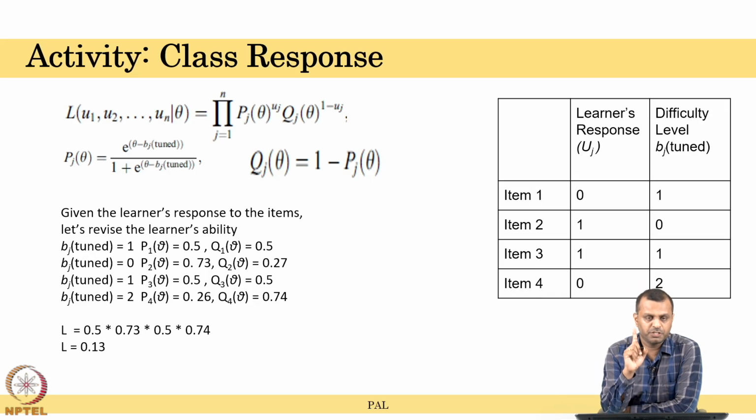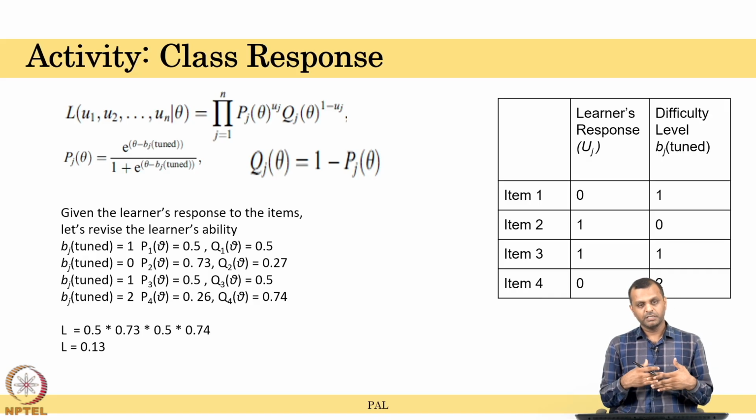In item response theory, we compute the difficulty of questions based on the learners' responses. Second, we try to compute the learner's ability based on their response to the items and the items' difficulty. We consider that and we try to do it. So that's the idea of how to compute the maximum likelihood and measure the student's learner ability. Now, once we know the learner ability, we can match it with the proper content.